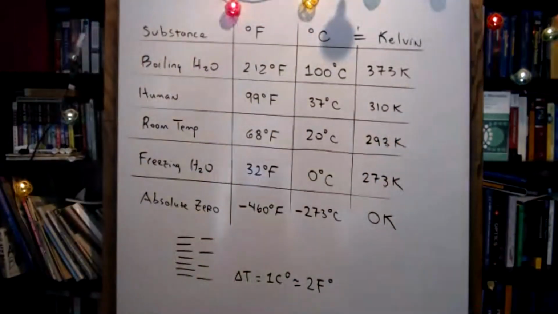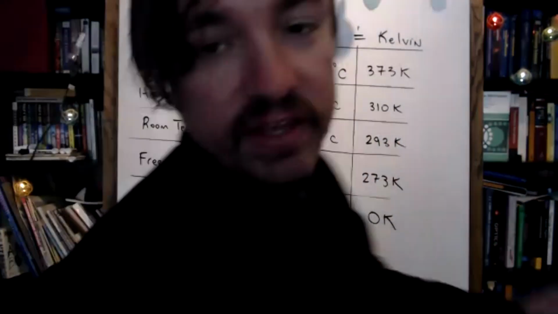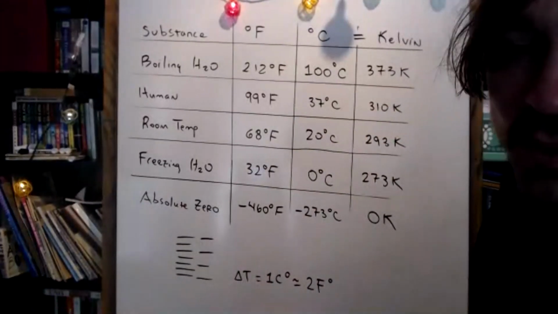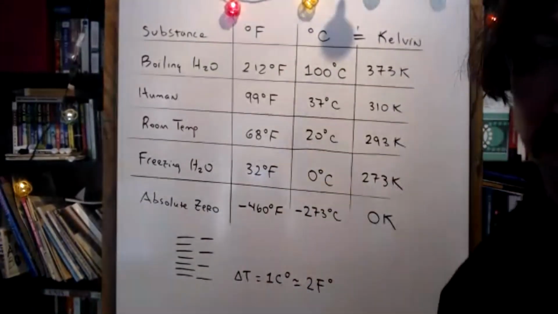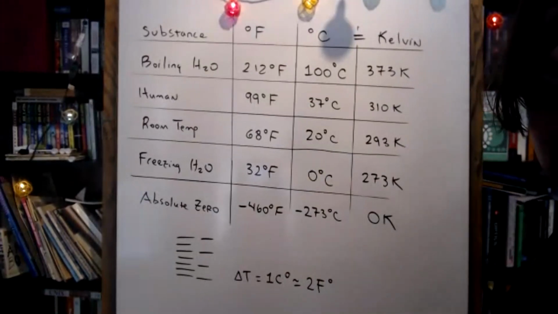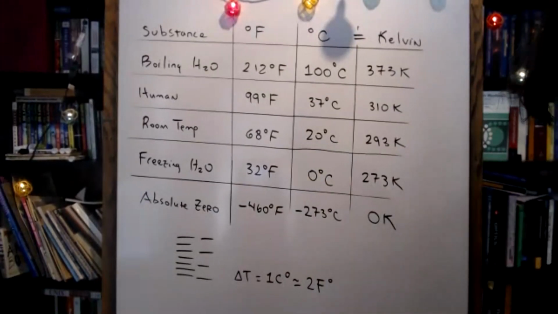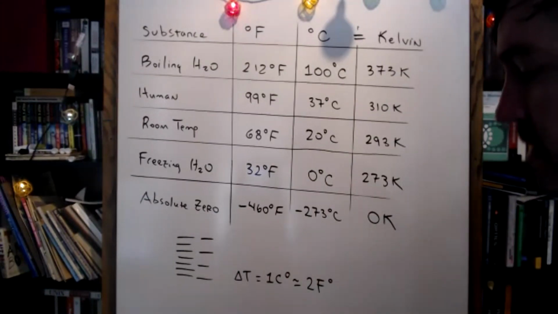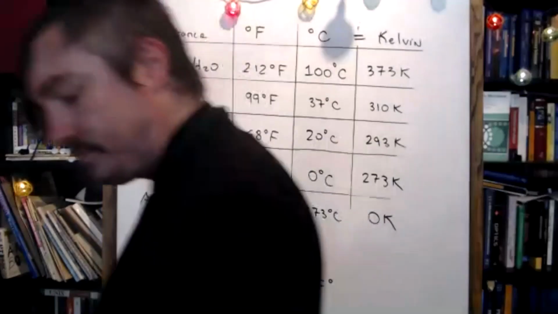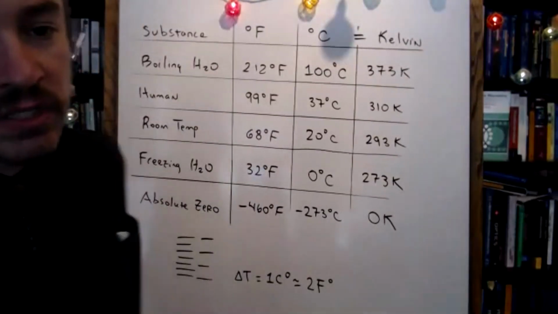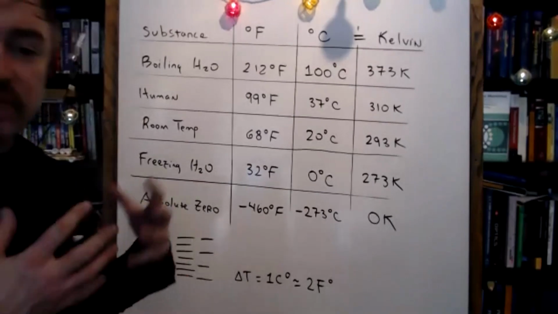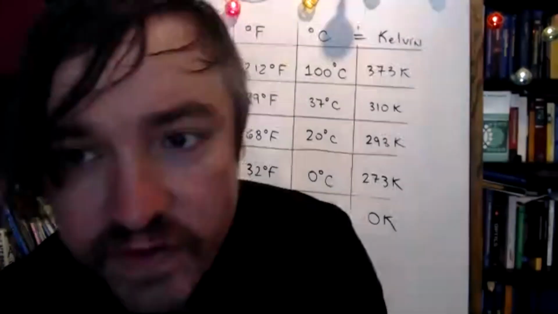These are good numbers to memorize because it'll be easier to convert temperatures in your mind if you have a rough sense of what some common useful reference points are. And I think this chart will be nice for you in that regard. Talking about temperature is a nice gateway for us to start discussing those atoms themselves.